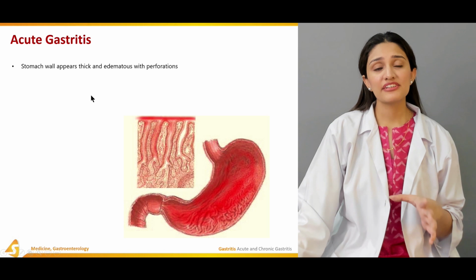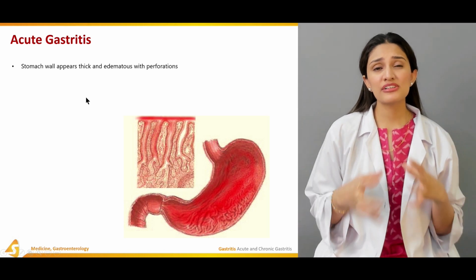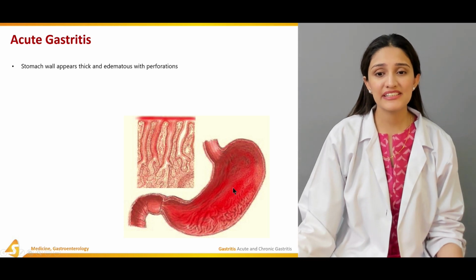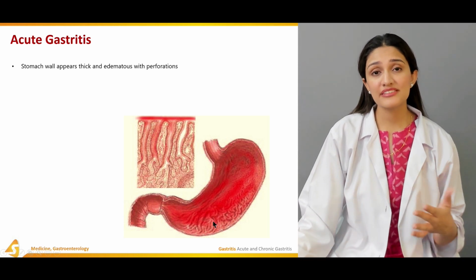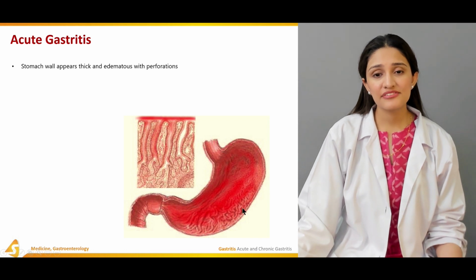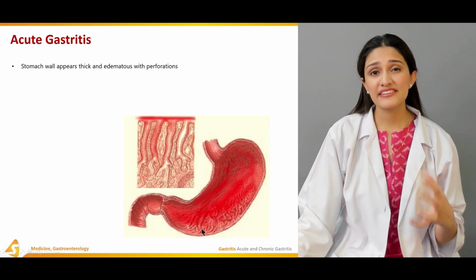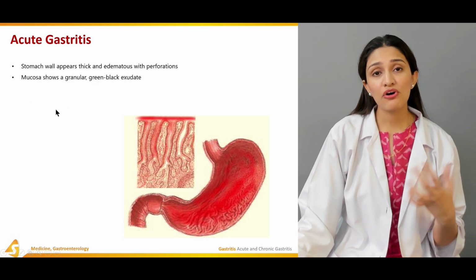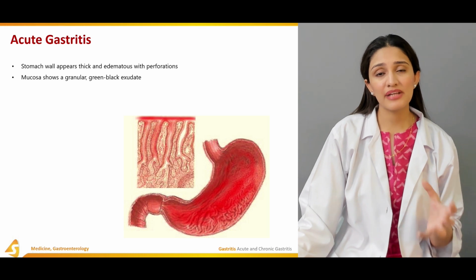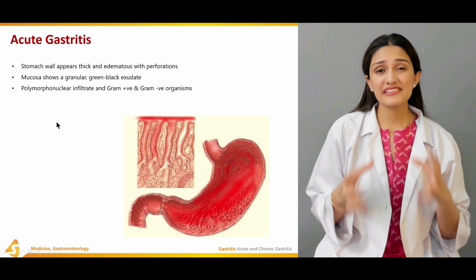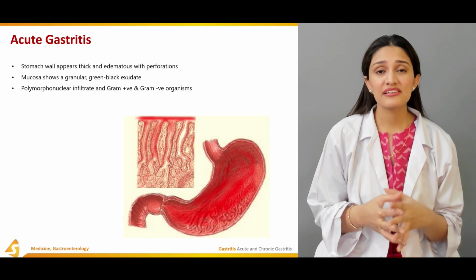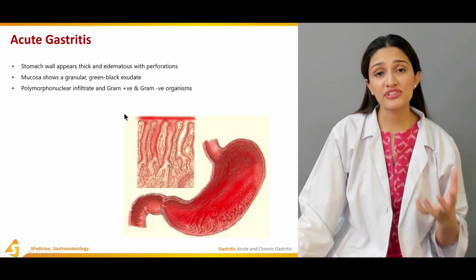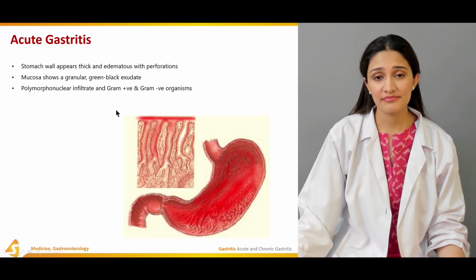If we talk about acute gastritis in detail, the stomach wall appears thick and edematous with perforations, as you can see in this picture. If we look at the stomach more grossly, it has these folds and it is very thick with an inflammation-like picture. The mucosa may also show a granular green-black exudate, and this edematous mucosa may exhibit polymorphonuclear infiltrate and gram-positive and gram-negative organisms.